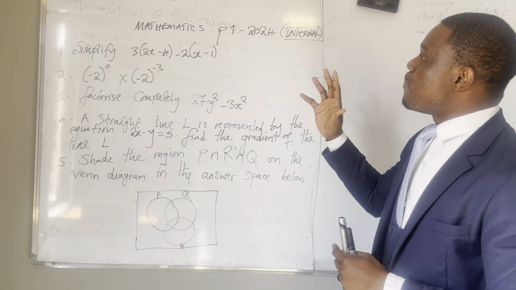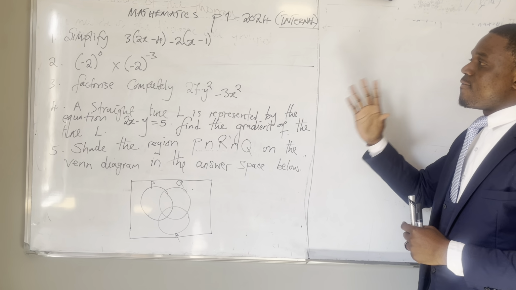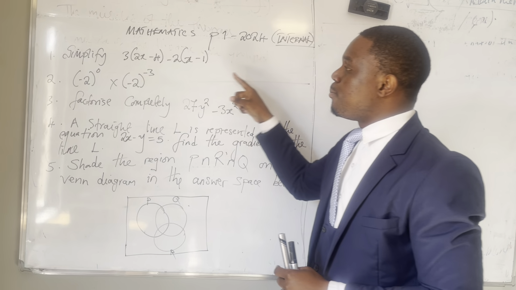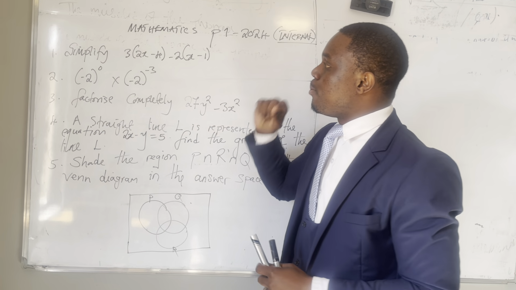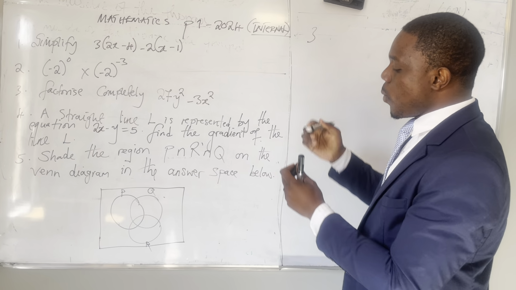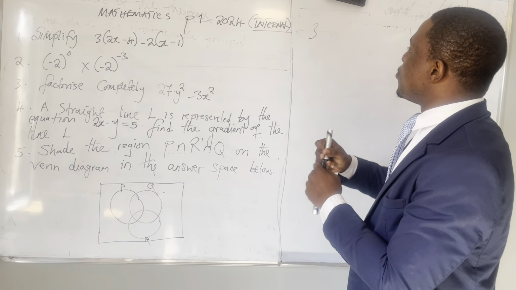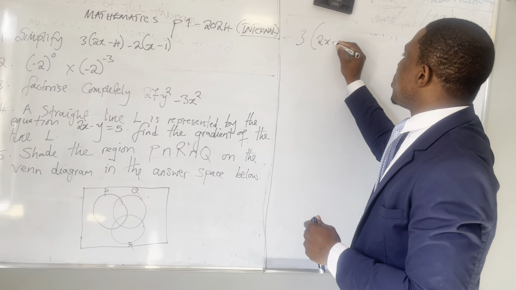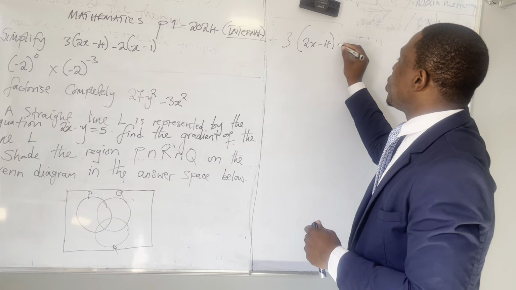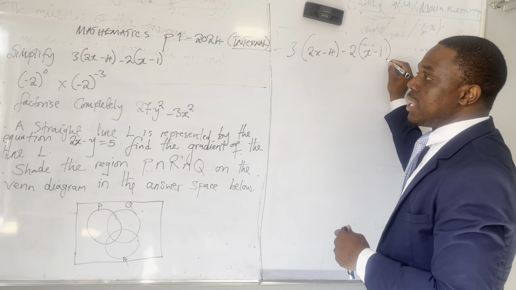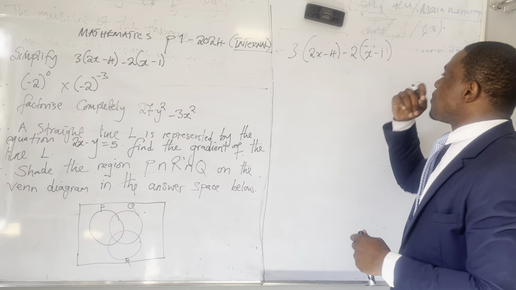So when you look at Mathematics Paper 1, 2024 internal, the first question in that paper is simplify. So when we talk of simplify, what are we simplifying? We are simplifying 3 open brackets 2x minus 4 close, minus 2 open brackets x minus 1 close.